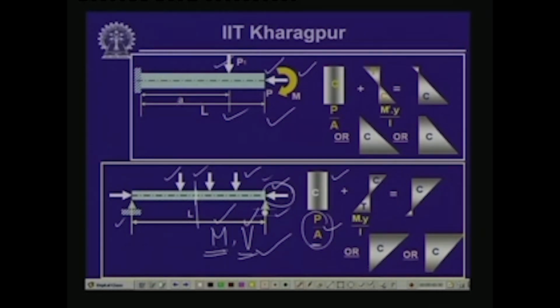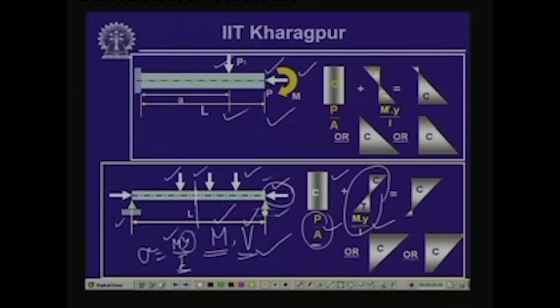Because of the bending, there will be bending stress which we evaluate from sigma equals My by I, where M is the bending moment, y is the distance from the neutral axis at which you are computing the bending stress, and I is the moment of inertia of the cross section with respect to the neutral axis.